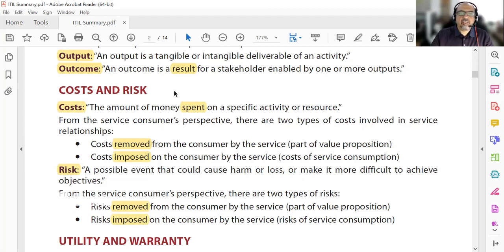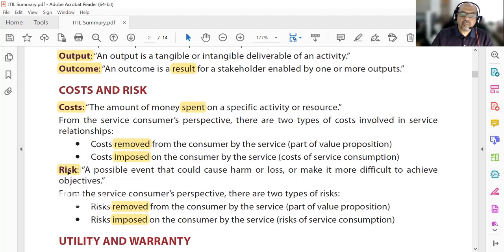will require three things: benefits, the outcome, the results we are expecting, the costs. So if I move my servers to the cloud, I will save on electricity, but also I will pay for the cloud. So we have some costs removed, some costs imposed.